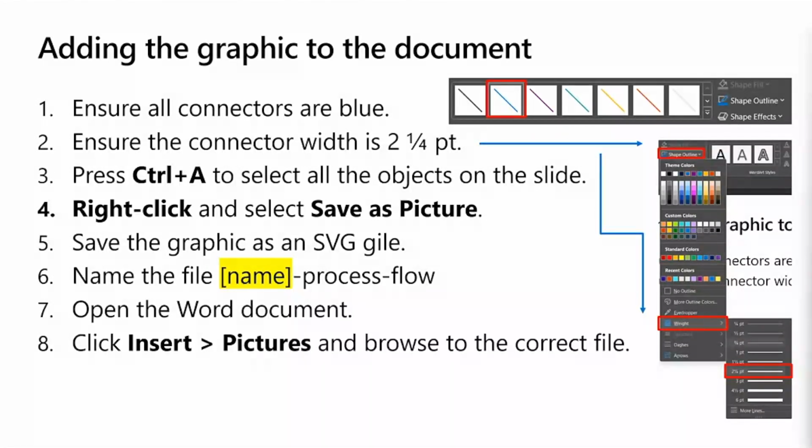Then you'll open up your Word document and click Insert on the action pane and choose Picture. And then you'll browse to that correct file and insert it into your Word document where you want that process flow diagram to go. And then make sure that the description of your graphic, so the numbered steps, will follow immediately after that particular graphic.